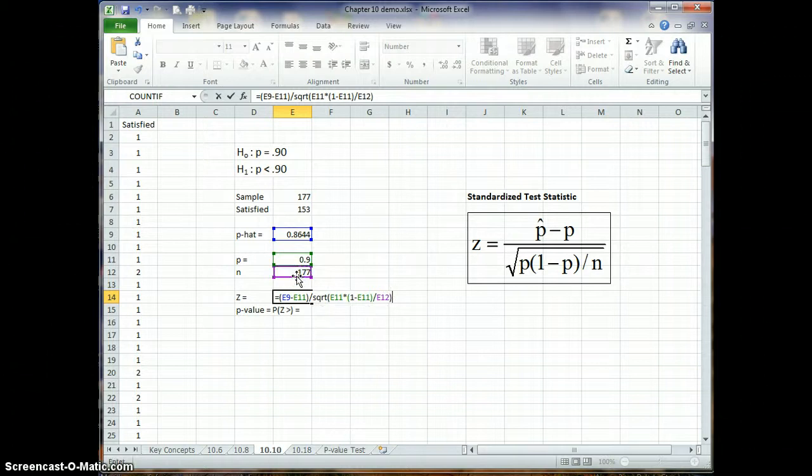Close parentheses, hit enter, which gives us a z-value of minus 1.58.